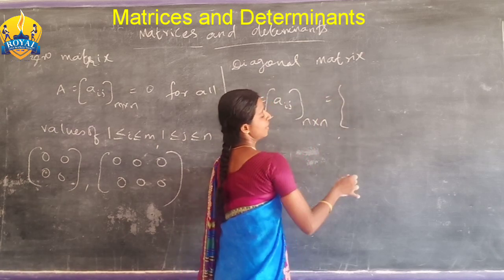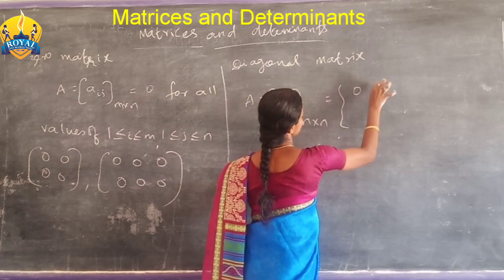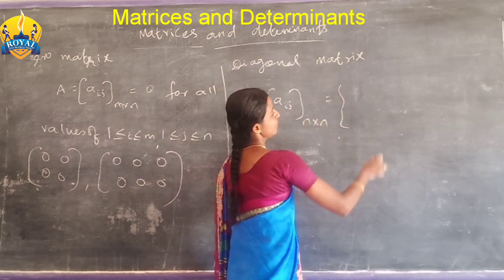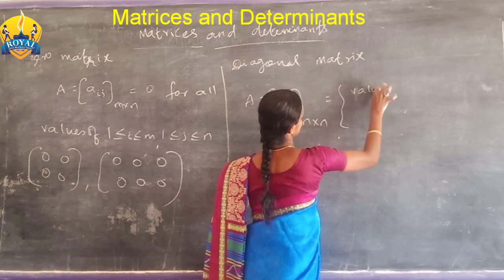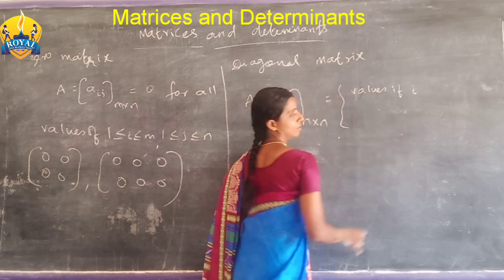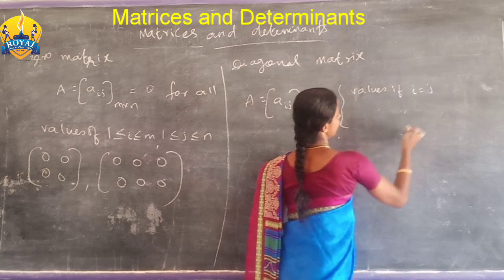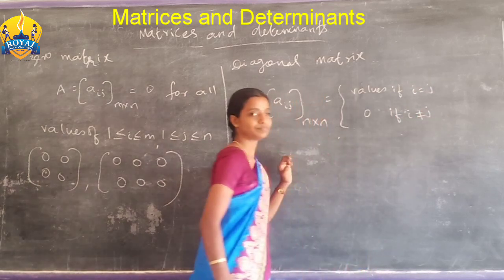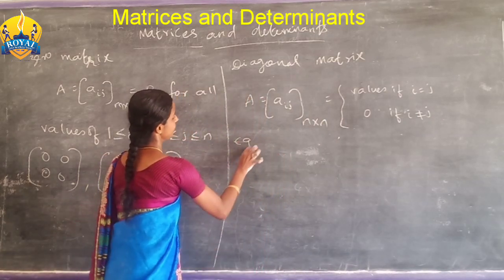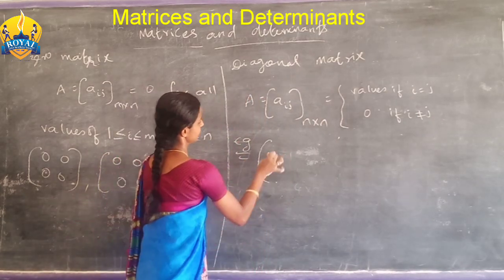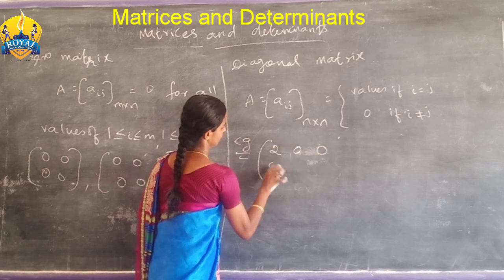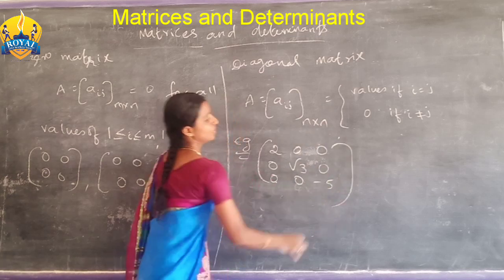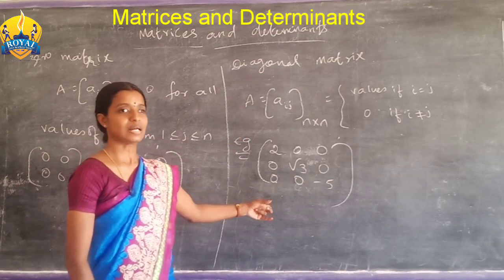Here, I have values if i equal to j and 0 if i not equal to j. So, the example for the diagonal matrix is this.